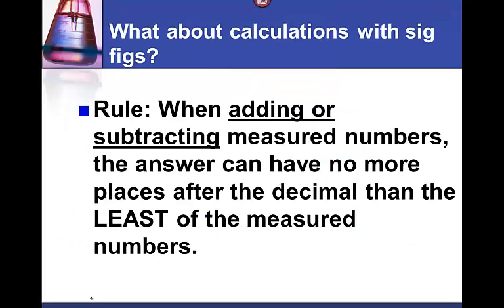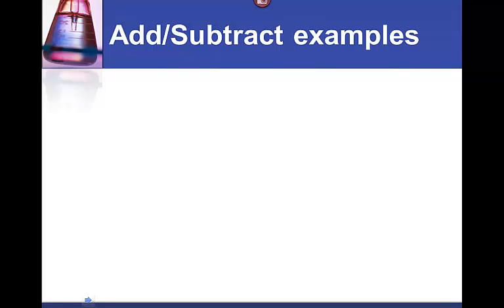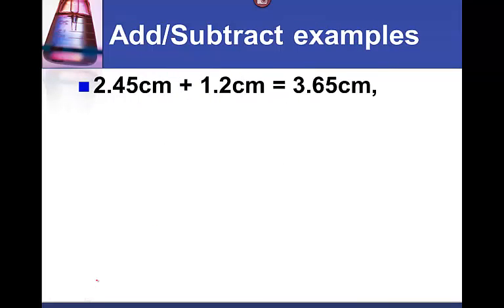Okay, adding and subtracting. This is where students most often go wrong. So when adding or subtracting measured numbers, the answer can have no more places after the decimal than the least of the measured. So, for example, we see 2.45, so that takes us to the hundredths place, but 1.2, that only takes us to the tenths place.